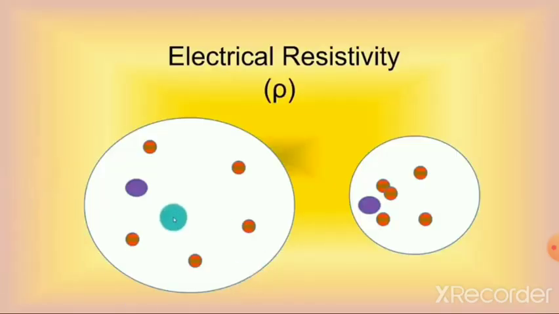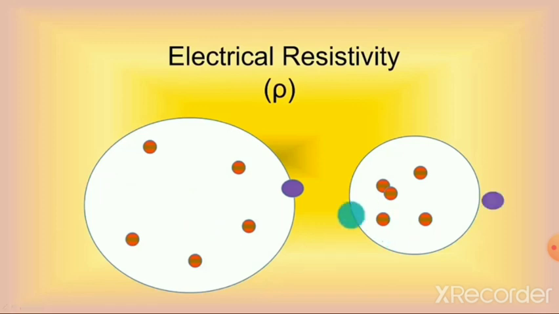In the same way, if you look at the two cross sections of the conductor, the electrons have to collide only less number of times with the atoms present in the first conductor, and in the other, the number of atoms is more, so the electrons produce many collisions in its path. That is, the resistance is high. Here, you can look at the area which is wider, and hence the electrons have less possibility to collide with the atoms present in the conductor.